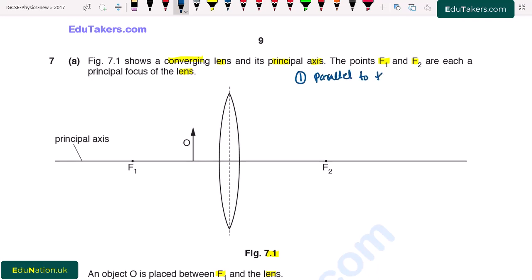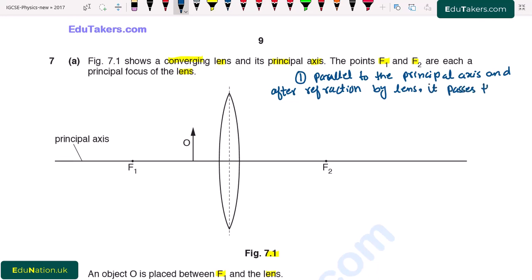parallel to the principal axis, and after refraction by the lens, it passes through the focus point, that is F2.